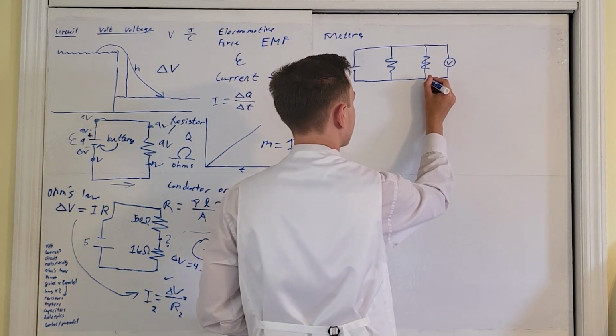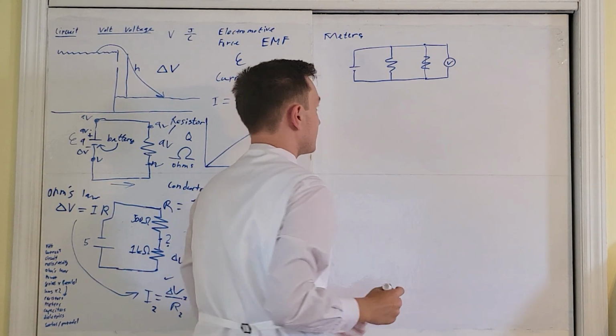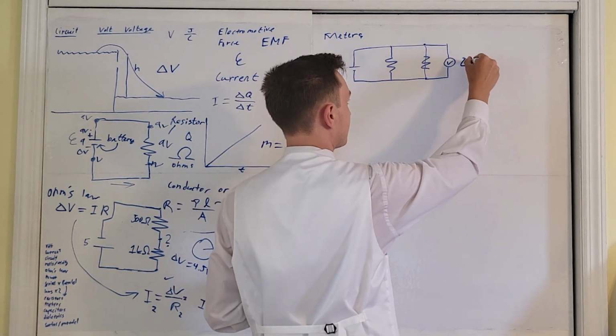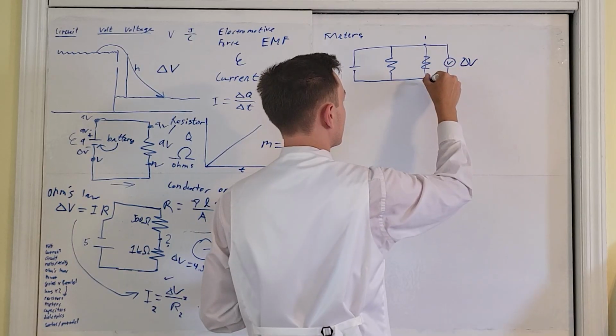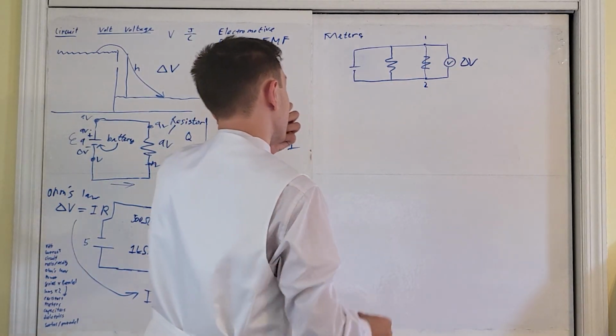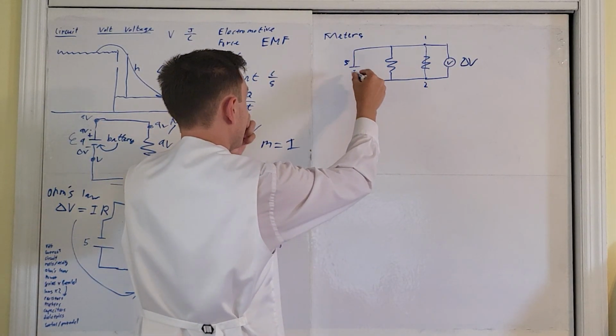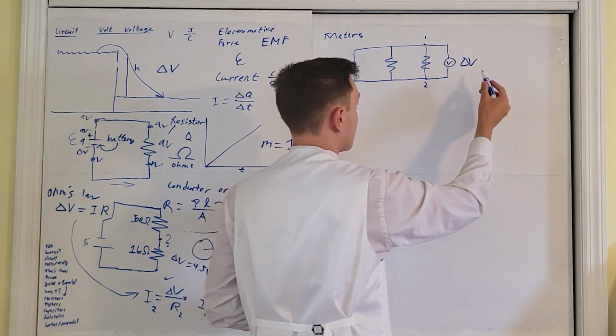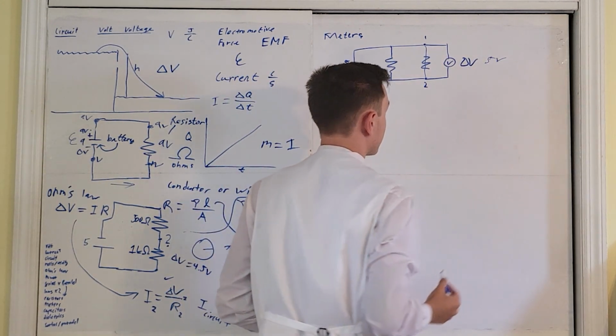It's connected here and here, which means this voltmeter is reading the potential difference from this point to this point. And if this is a 5-volt battery, we see that the line connects these 2 points to the battery, therefore our potential difference should read 5 volts.